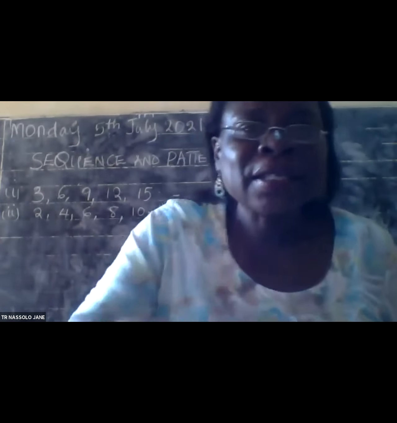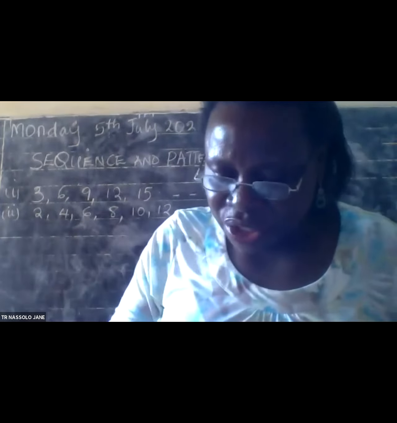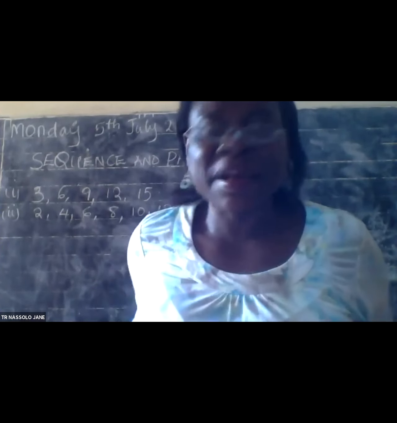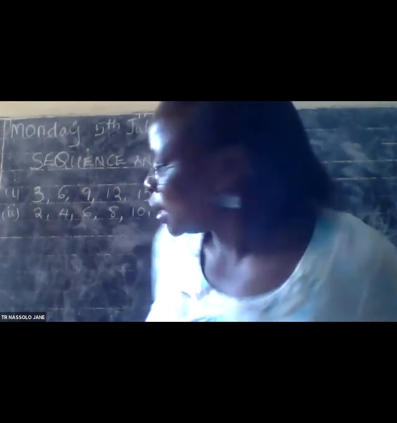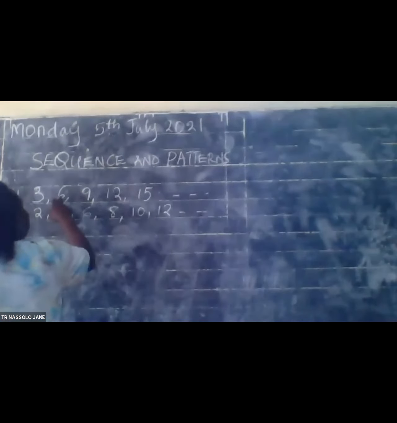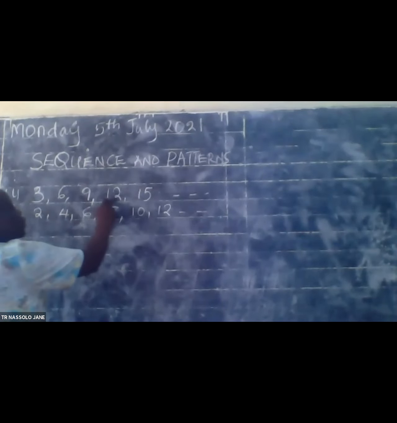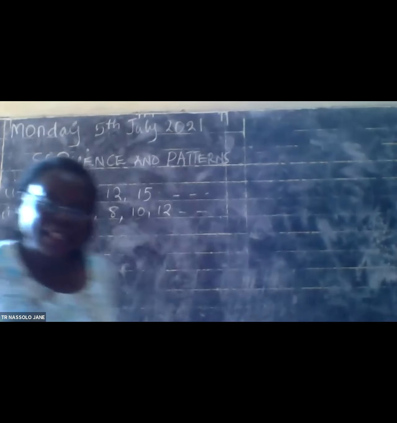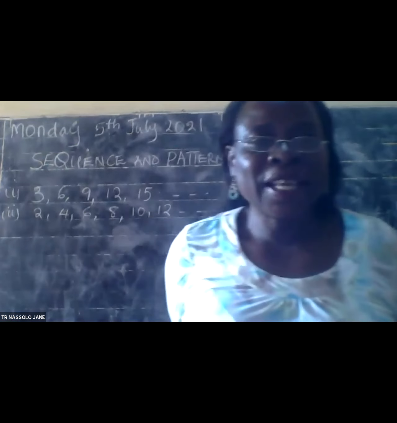Is it true that we are adding 2 to the previous number to get the next number? In Roman 1, we have 3, 6, 9, 12, 15. Are we adding 2 to the previous number to get the following number? Is that true? No, teacher, it's not true.